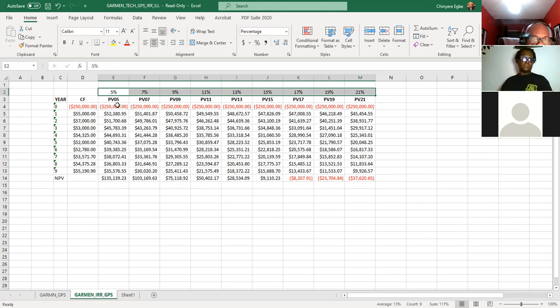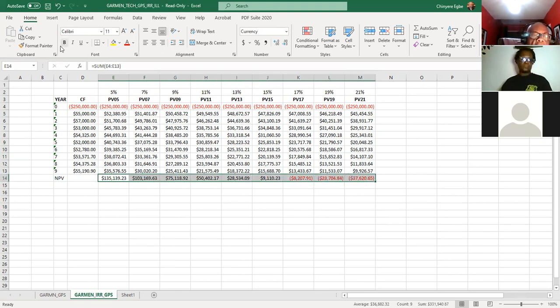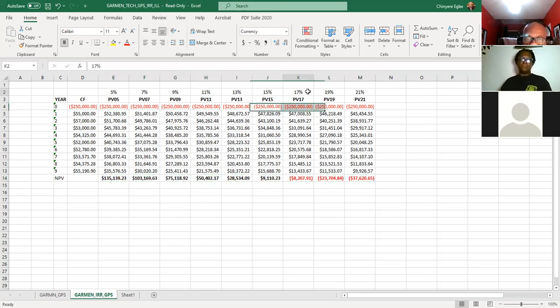You calculate the NPV for each of them. You can see if your cost of capital is 5%, what will be the NPV? And the NPV is what you have below here. And as you can see, by the time you go from 15% to 17%, your NPV goes from positive to negative.